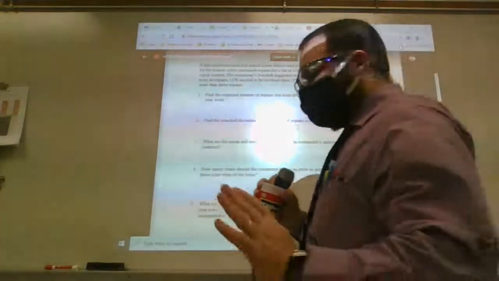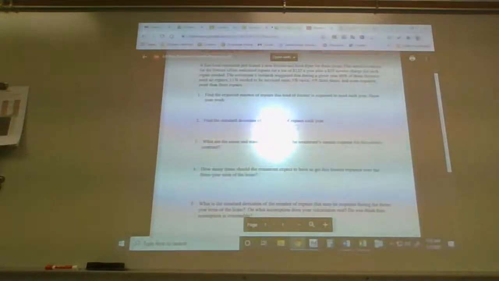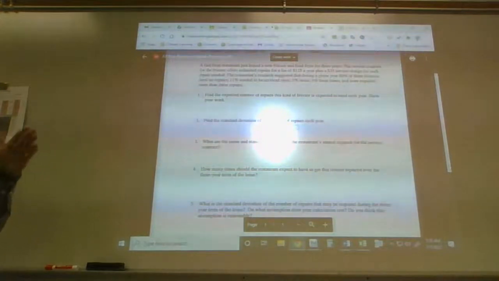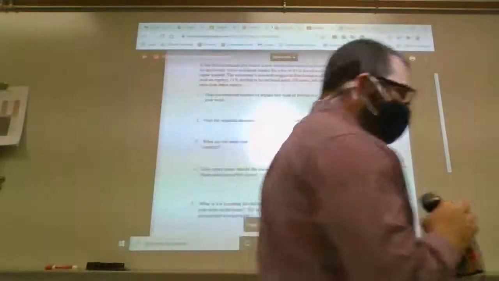Let me just read this first question to see what direction they want me going in. Number 1, find the expected number of repairs this kind of freezer is expected to need each year. Okay, expected number of repairs. This is what we were doing.